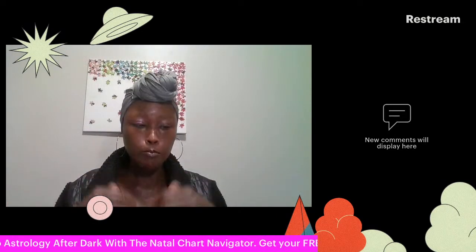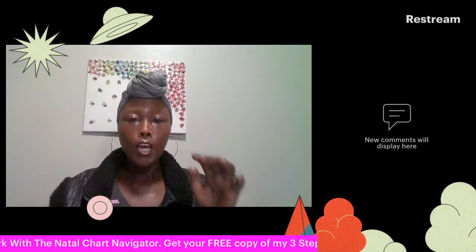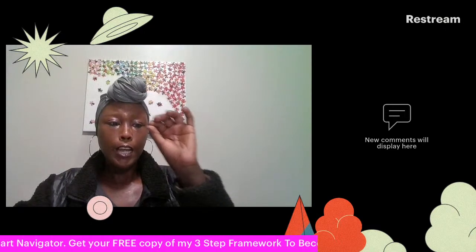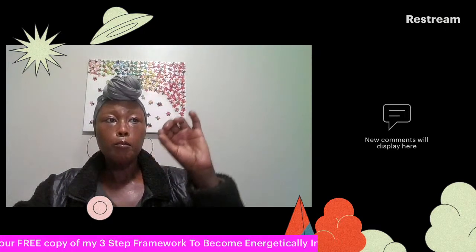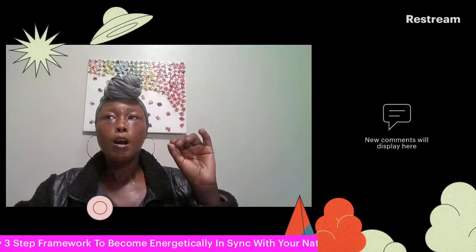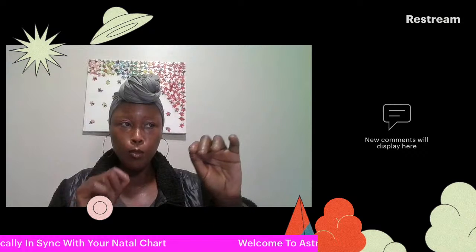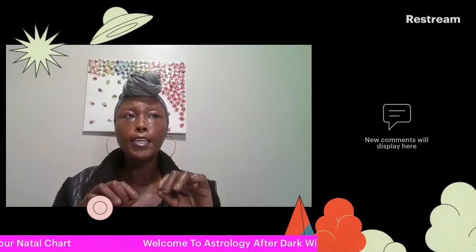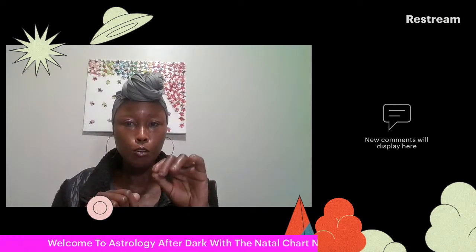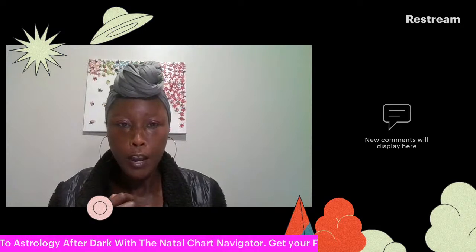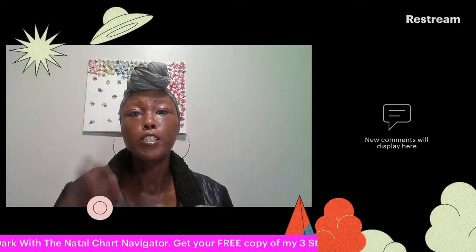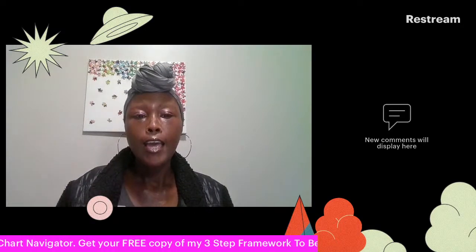Okay, so in the chart, you're going to see a little square, a triangle, a little star, a little pole that has 2 little circles on the end, and a circle with a little line coming out of it. Those are the major aspect symbols.